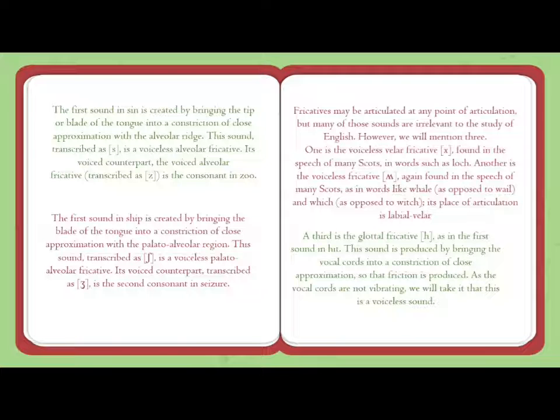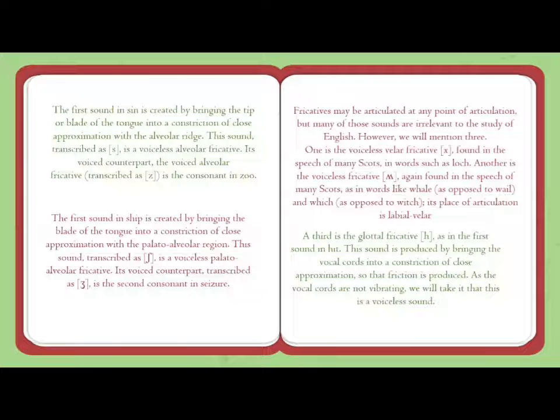Fricatives may be articulated at any point of articulation, but many of those sounds are irrelevant to the study of English. However, we will mention three. One is the voiceless velar fricative, found in the speech of many Scots, in words such as loch.